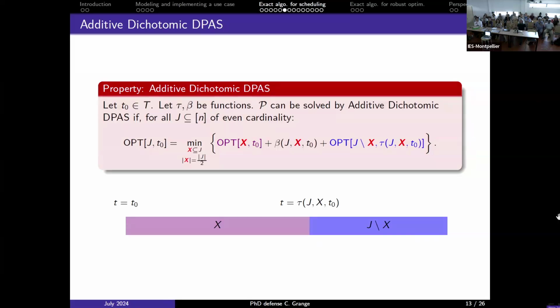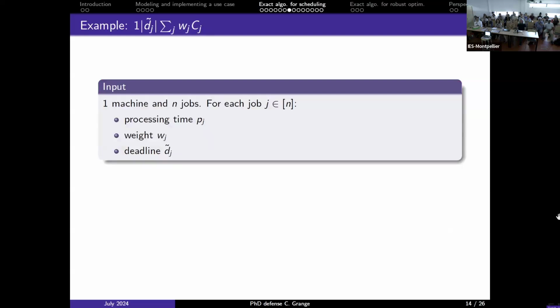Okay, so let me show you these two properties on an example. So here we are dealing with problems that have one machine and n jobs, and each job is defined by a processing time, a weight, and a deadline. So the processing time is the time to process the job. The weight reflects the priority of the job, and the deadline is a time after which it is not allowed to complete the job.